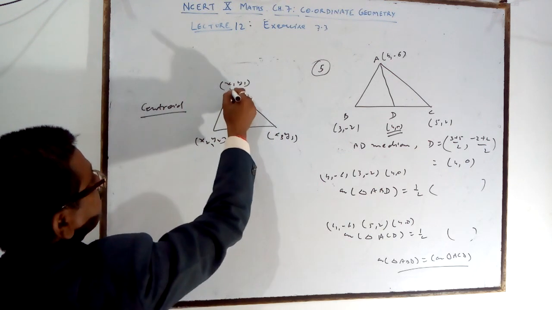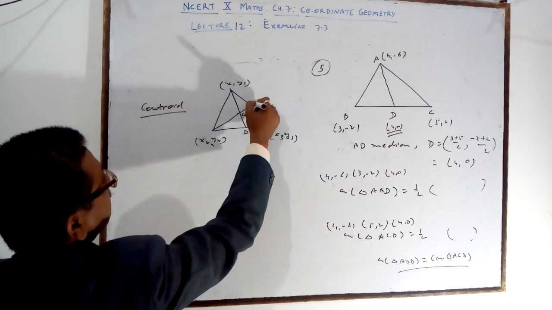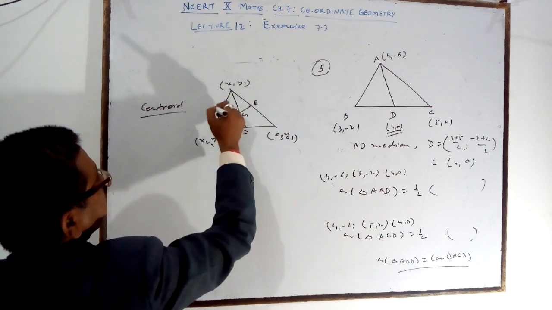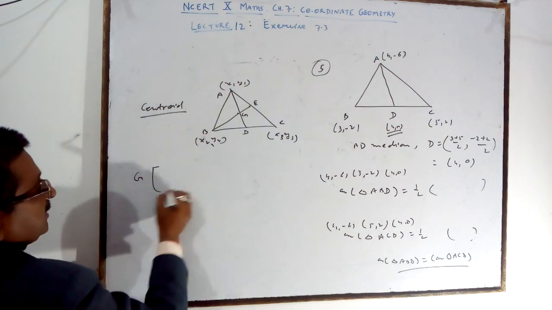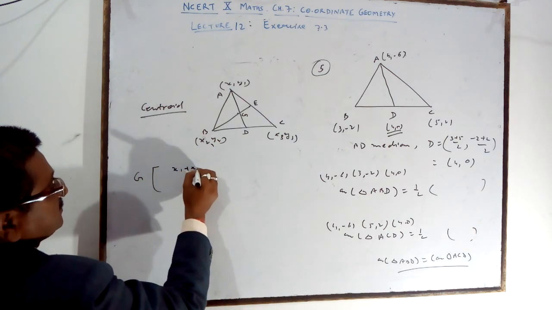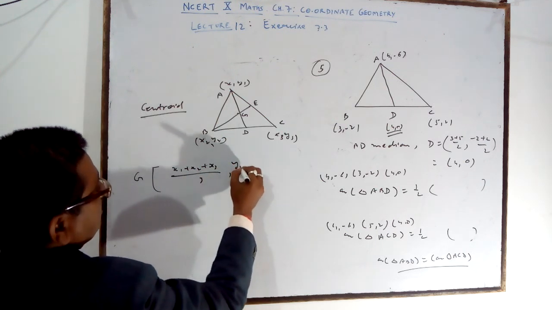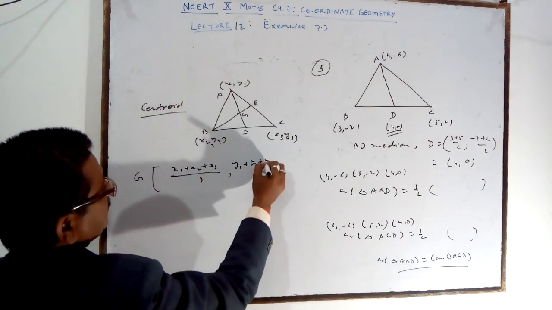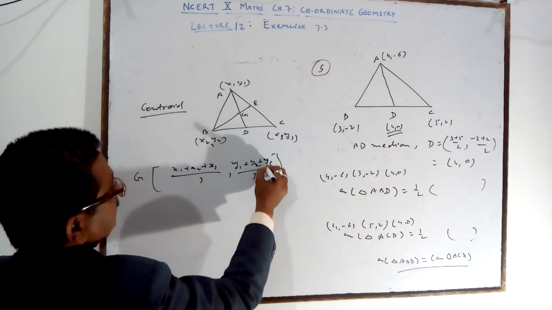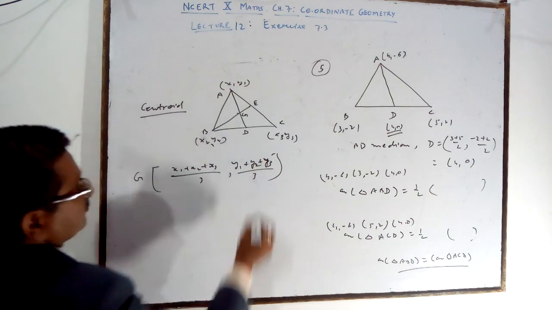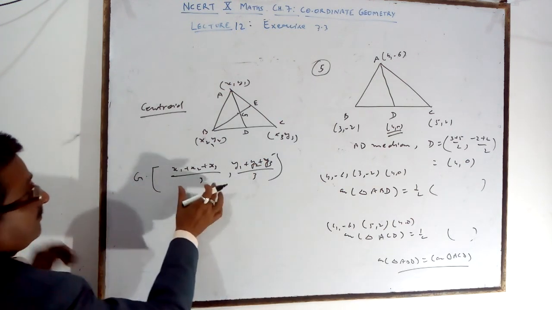For triangle ABC, the coordinate of G will be x1 plus x2 plus x3 by 3, y1 plus y2 plus y3 by 3. This is the centroid formula, the coordinate of the centroid.